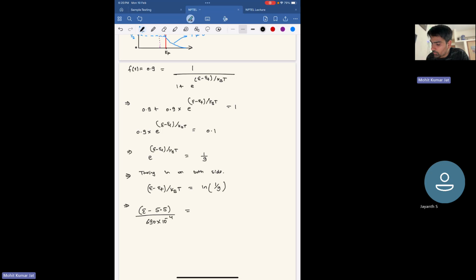Equals ln 1 by 9. Let's do some bit of math. ln 1 by 9 is nothing but minus 2.197. Let me multiply it by 690, and then 10 to the power minus 4.